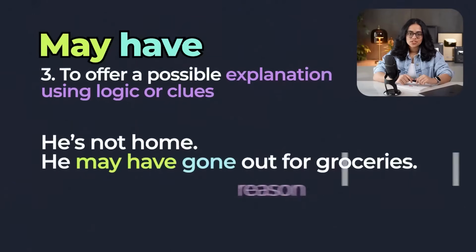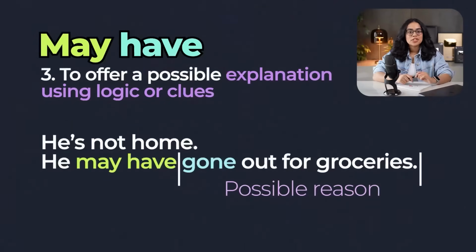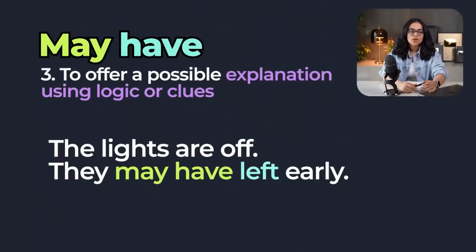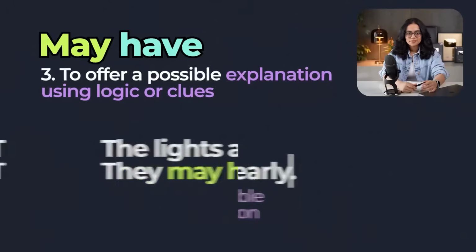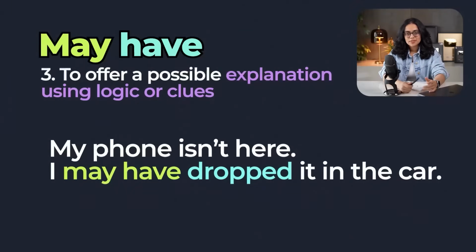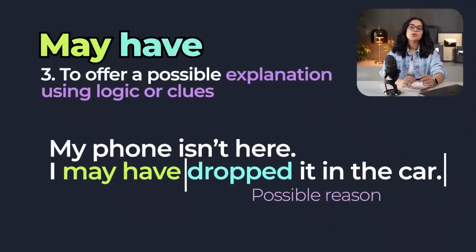Well, I'm not sure that he has gone out to get groceries, but I'm just offering a possible explanation. The lights are off. They may have left early. My phone isn't here. I may have dropped it in the car. In all these sentences, you are offering a possible explanation why something happened. I hope now you have a fair idea of how to use may have.